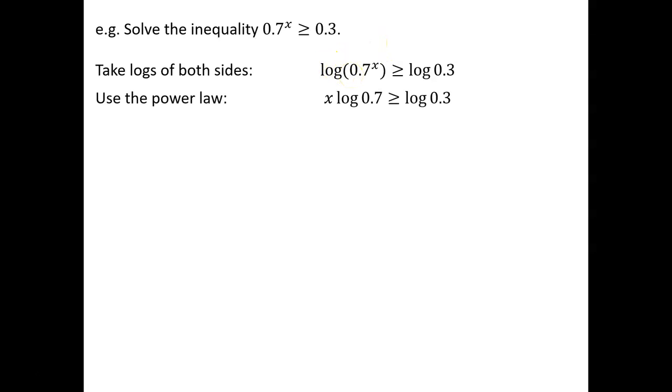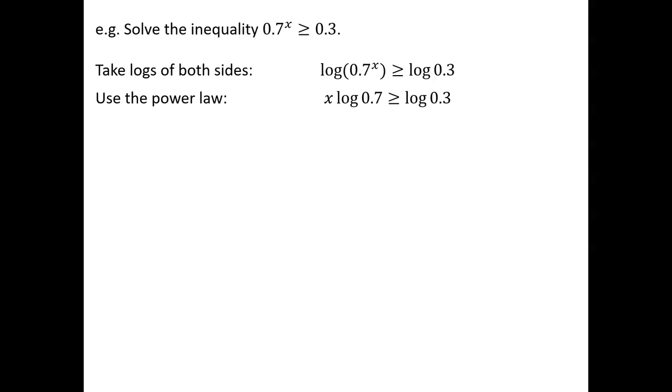So instead of rewriting as log, I'm going to take logs of both sides. These are log base 10. They could be log base anything, we just use 10 rather often. Now I can use the power law with my left-hand side, then I'm going to divide by log 0.7.